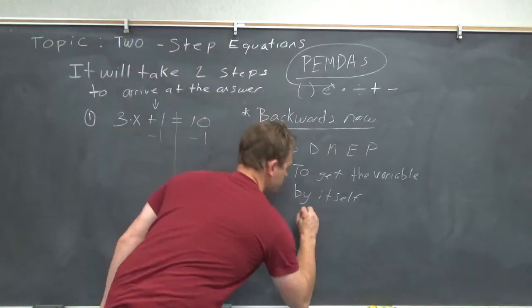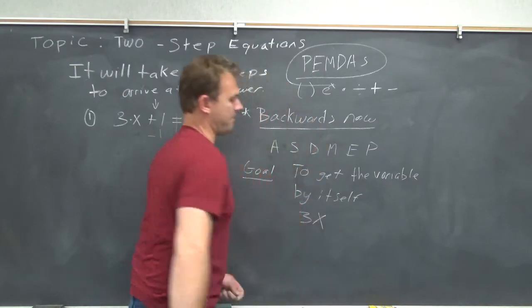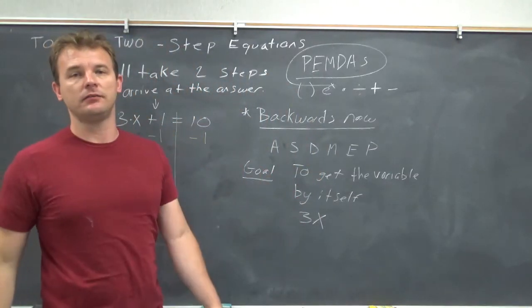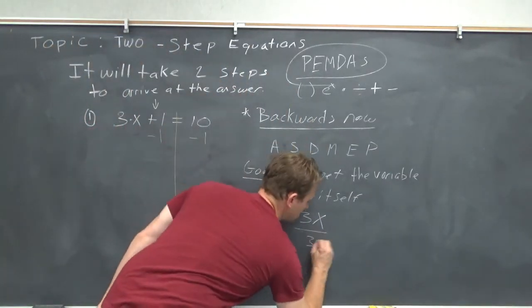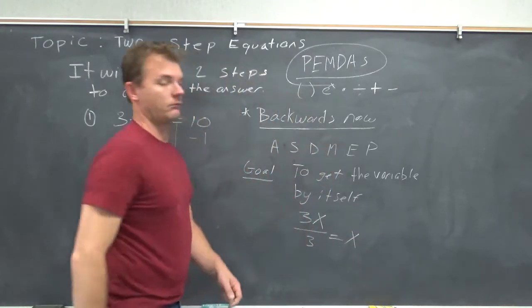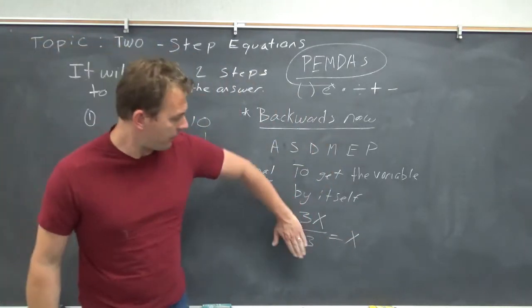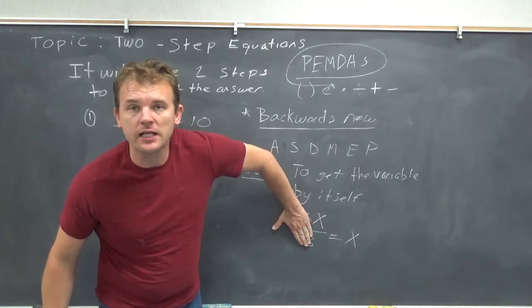So if I said this, how do we get the variable by itself? Correct? You divide by 3 to get x equals x.